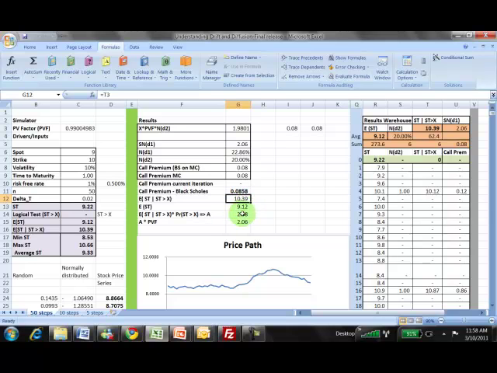So if you multiply these two pieces together, ND2 times the expectation of ST when ST is greater than X, you get the expected value of the asset that you would receive if the option exercises.